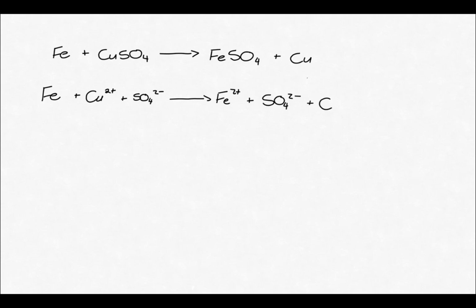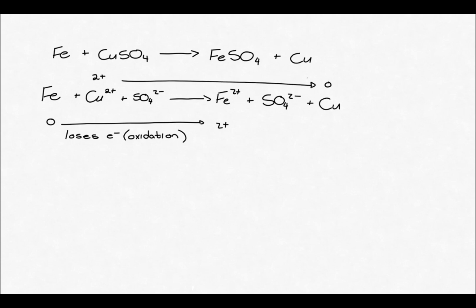Copper is an element on its own. Iron in the reactants will have an oxidation number of 0 because it's an element on its own, whereas iron on the product side has an oxidation number of +2. This means that it loses electrons and is oxidized. If we look at copper, in the reactants it has an oxidation number of +2. On the product side, it has an oxidation number of 0.